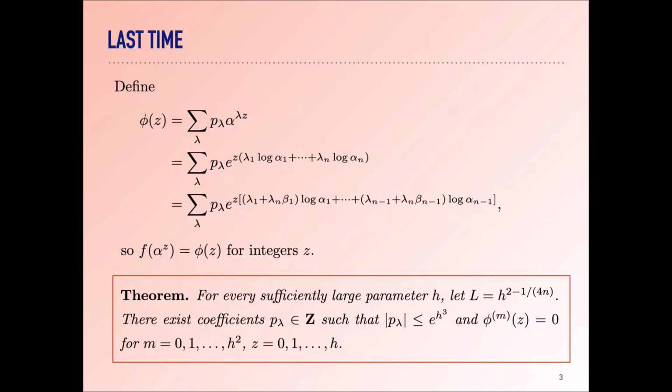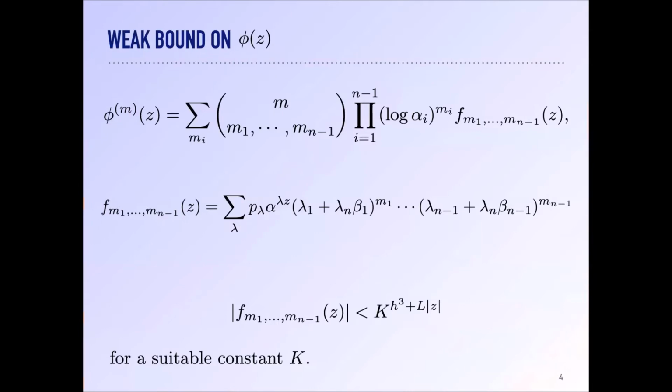That's all I was showing on this slide. If you multiply out, you get this multinomial coefficient, and you get the log alpha i's to those powers. What's left is exactly what I just said, the lambda 1 plus ... plus lambda n beta 1 to the m1, and so on. The point of writing it this way is that this f sub m, if I plug in an integer value for z, is an algebraic number.